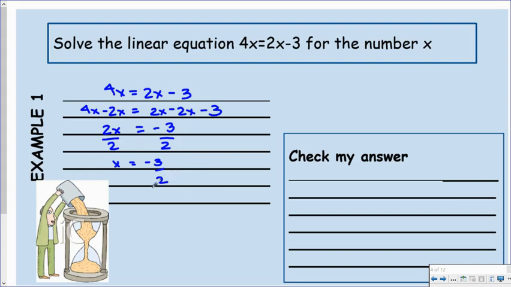Okay, so now I want to check my answer. Checking my answer is kind of like lesson 3, where we said x is a number. So I'm just going to take my solution and substitute it back in and see if my equation is balanced.